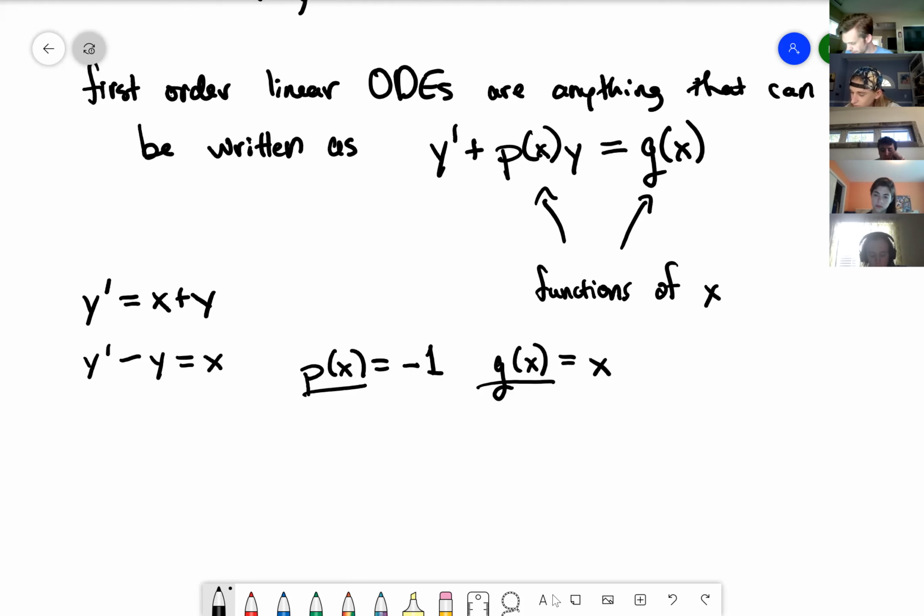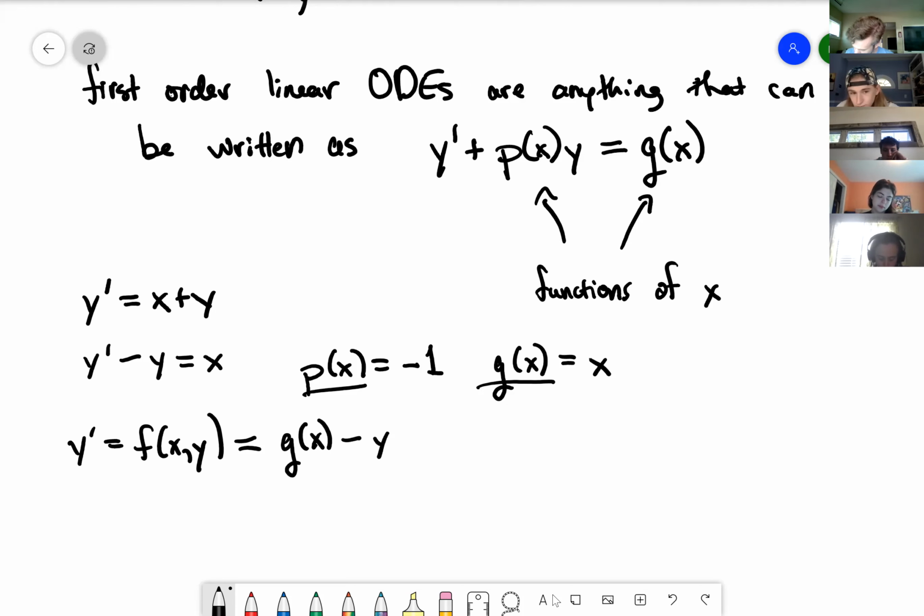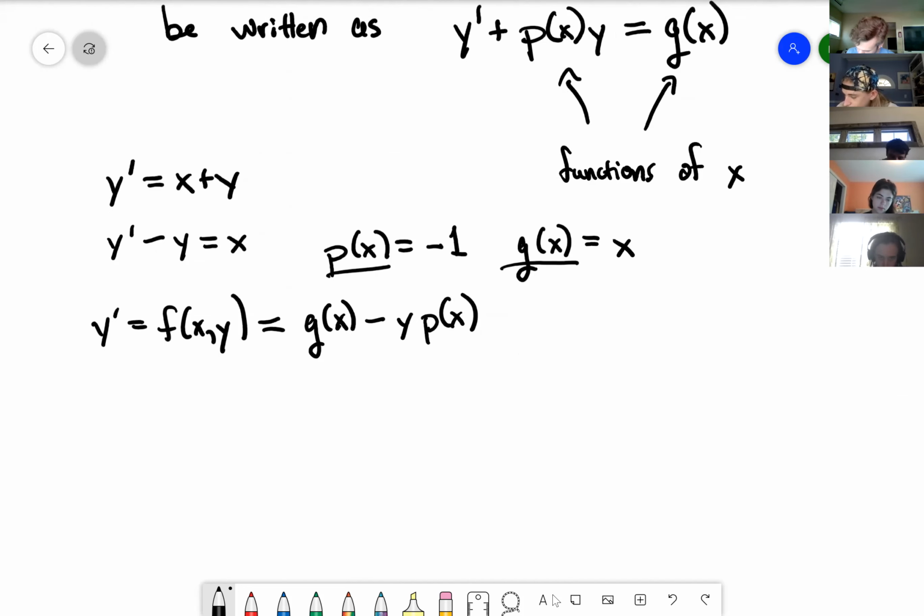So I'll say really quickly why that's true just for continuous functions. If we write this in our original form, this is how we were looking at first order ODEs, right? So y prime is just a function of x and y. Then this is equal to Q of x minus y P of x. So P, Q are continuous.